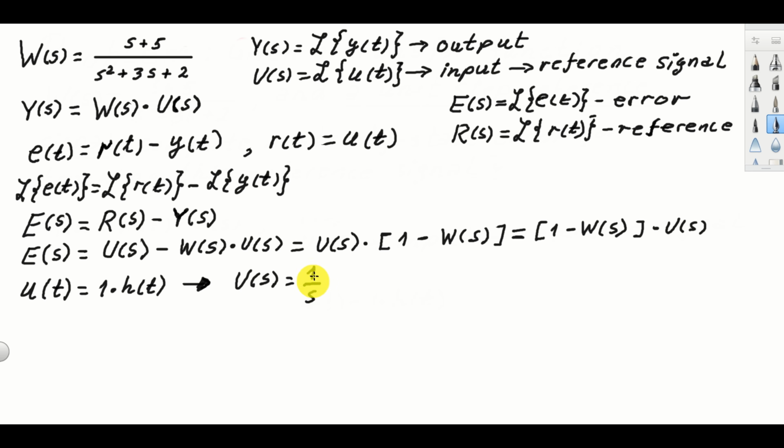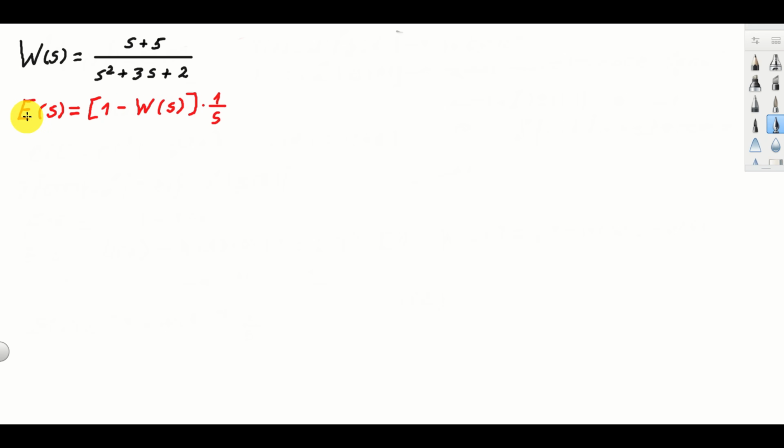Now, by substituting this expression in this general formula for E of s, we will obtain that E of s is 1 minus W of s multiplying 1 over s. Okay, so here's the derived expression for E of s.